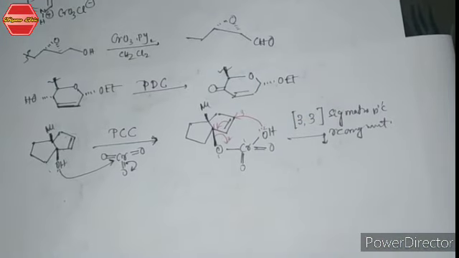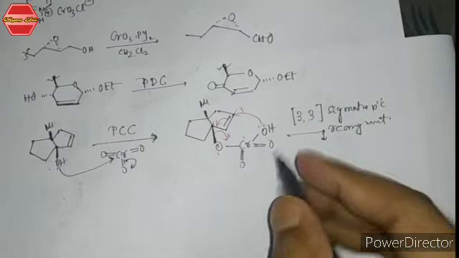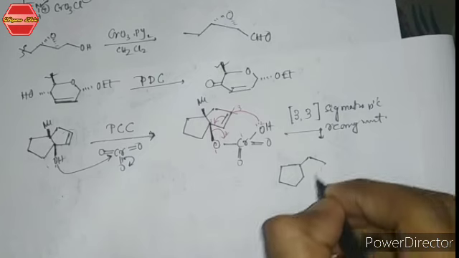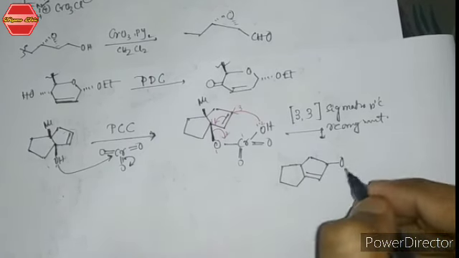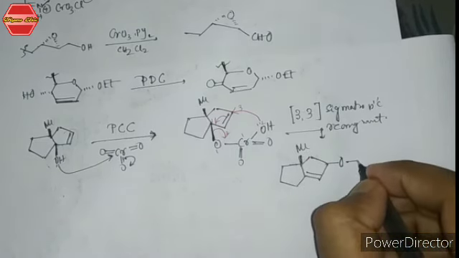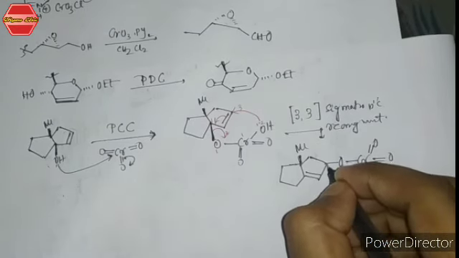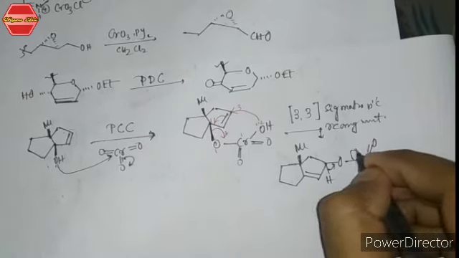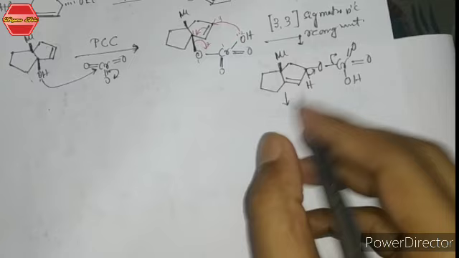This is an important thing, and this compound is very important for competitive exams. So this is your overall OH, and this has your double bond, and this will convert to like this. Now you have this hydrogen over here. This hydrogen will go here, and this will be removed from the system, and you get your final product like this.